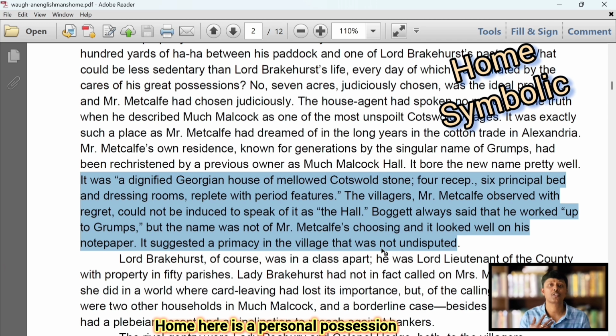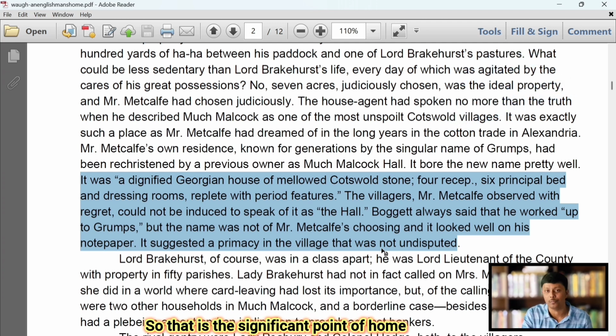Home here is a personal possession; your own self is reflected through your home. Therefore, the home becomes symbolic because home gives you that treasure. Home gives you that nest, the feeling of coziness, the feeling of something that I am capable of. So, that is the significant point of home.